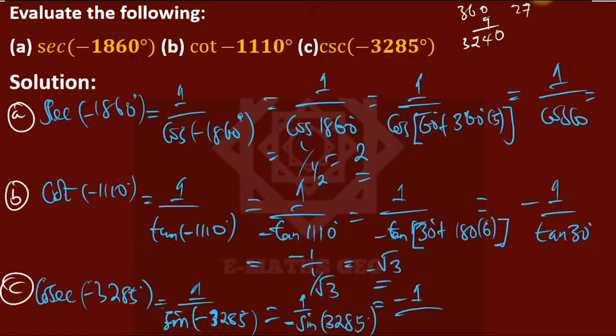So how many is remaining? 3285 minus 3240 is 45. So we're left with 45.